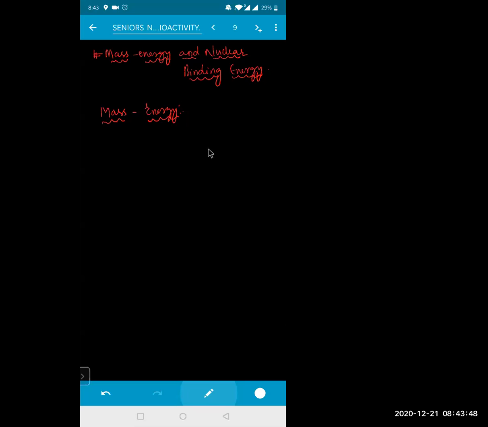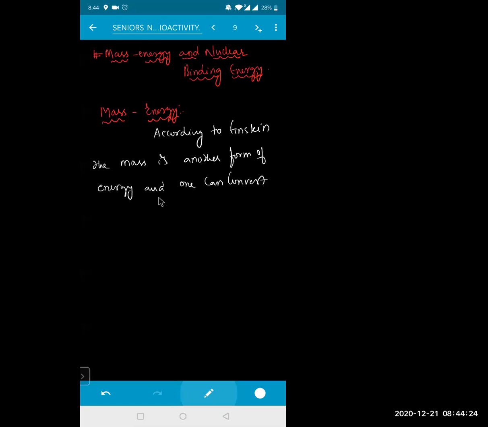So that energy is given by the mass energy equivalence relation, E is equal to m c squared. It is another form of energy, like kinetic energy and so on.